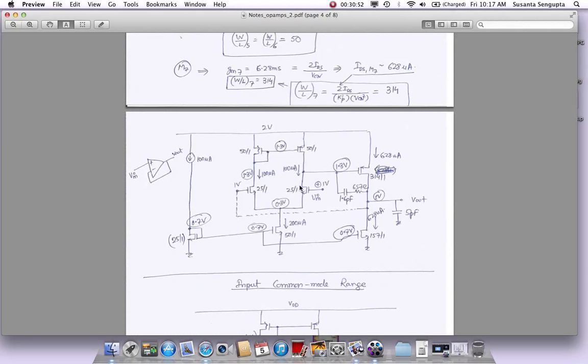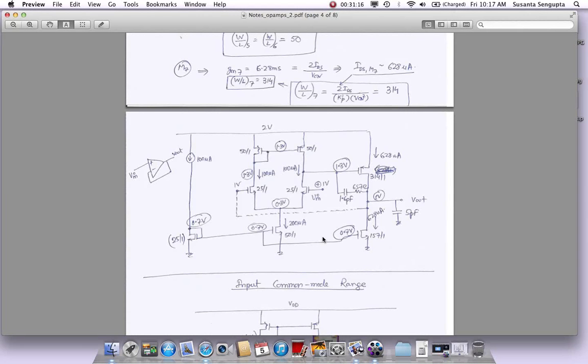So they are all in saturation. And of course the output is also in saturation because the output voltage, since we are connecting as a buffer, if the input is 1 volt, the output also becomes 1 volt. So this will be sitting at 1 volt. We have 1 volt VDS for both the PMOS and the NMOS. Okay, so this completes the exercise of designing this op-amp.